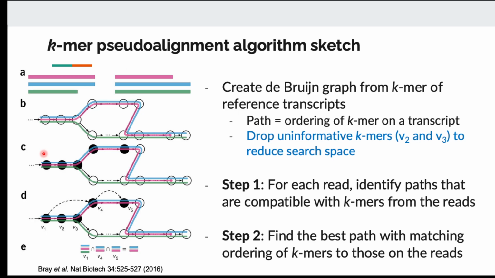So the idea is this. We have the reference transcriptome, so we know what are the possible RNA isoforms in our sample. Let's say we have 3 possibilities of them.